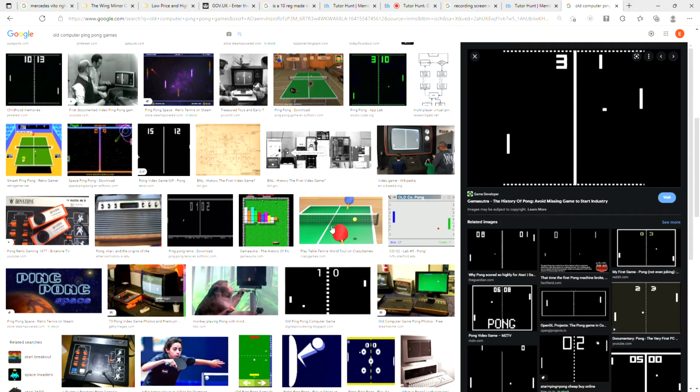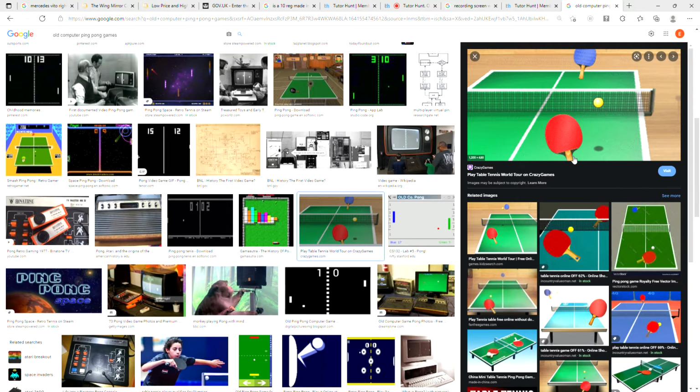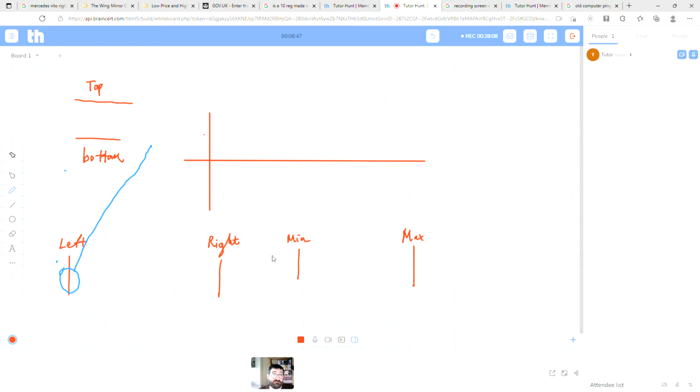But it's that kind of an idea, isn't it? Up and down on one of those old computer ping pong games. That kind of oscillation. Right. So we'll put in there computer ping pong or something like that.